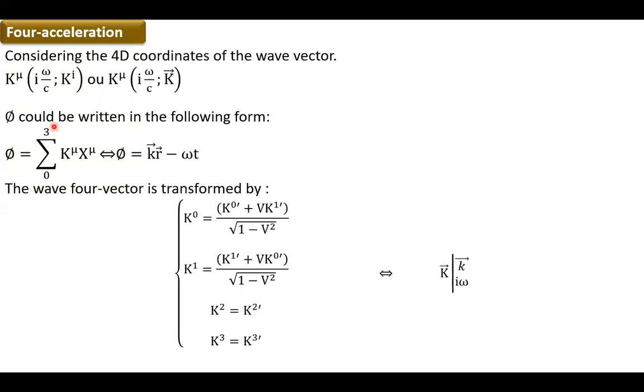So our phase phi could be written in the following form as the sum from 0 to 3 of k mu x mu. So you will get kr minus omega t. So you can use both conventions. You can put omega t minus kr or kr minus omega t.